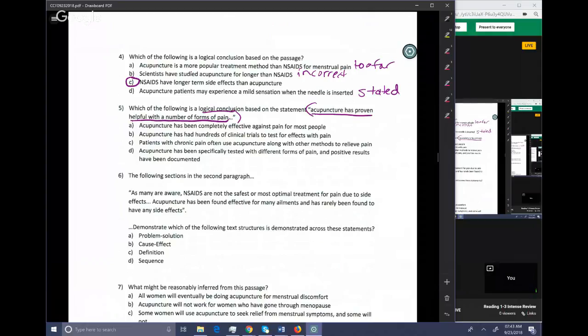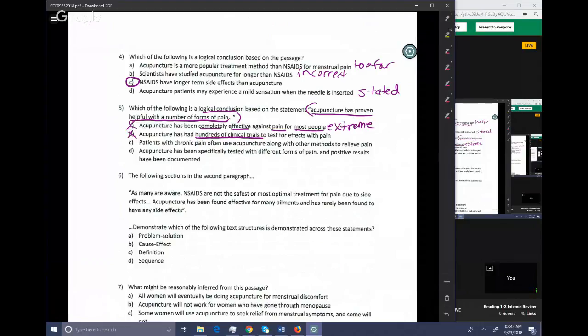So acupuncture has been completely effective against pain for most people. Hopefully you recognize that as being pretty extreme. Acupuncture has had hundreds of clinical trials to test for effects with pain. At first glance, that might have seemed good, but we have no evidence that hundreds would be the right number to use at all whatsoever.